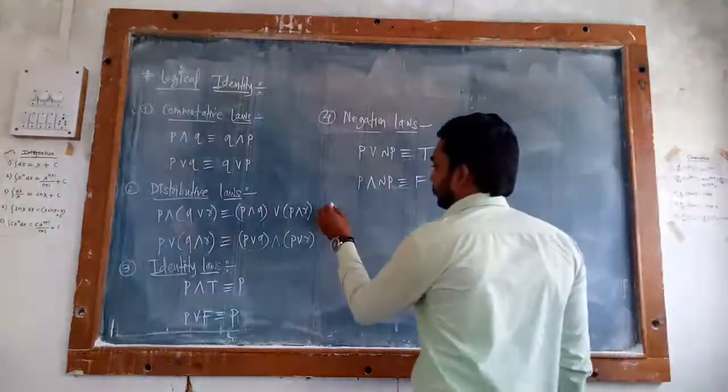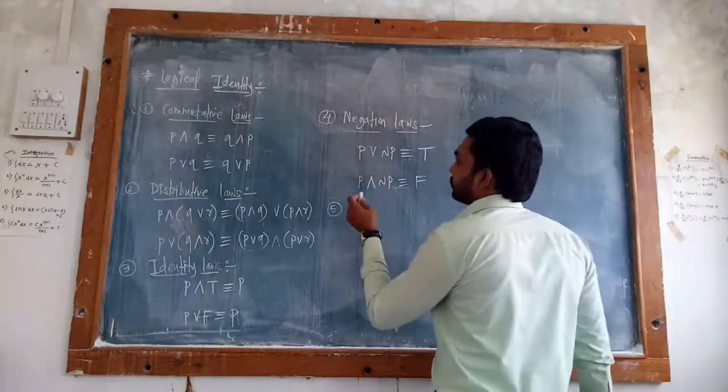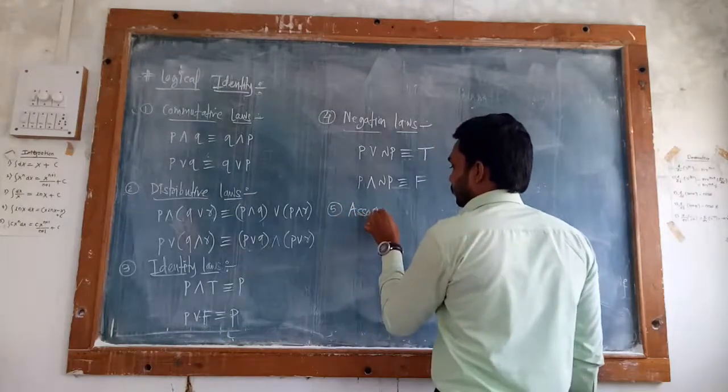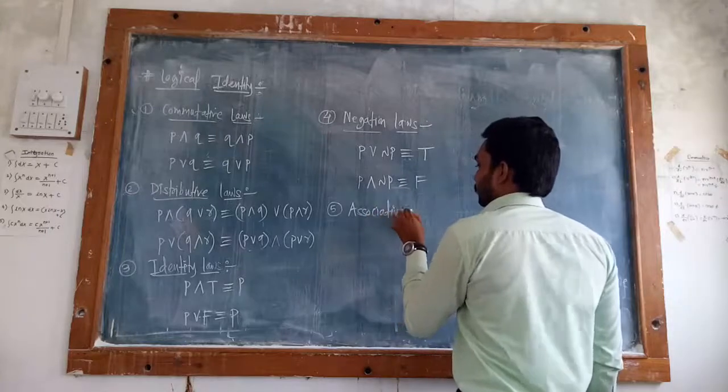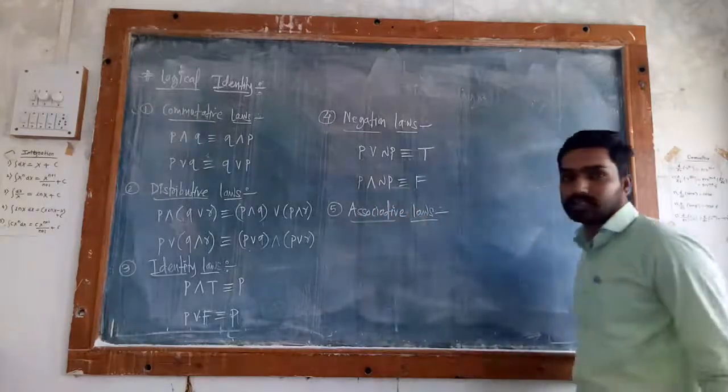Next, the fifth one is the associative law. How do you write the associative law?